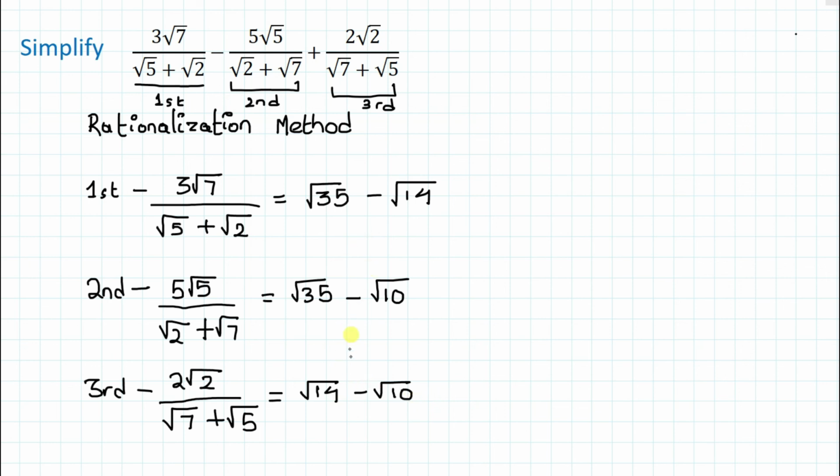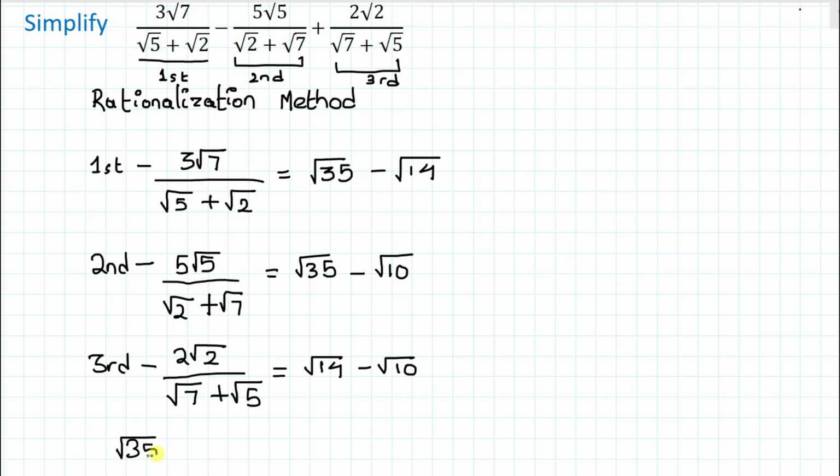Let's put these rationalized terms here. So what we'll get is root 35 minus root 14 minus of root 35 minus root 10, plus root 14 minus root 10.